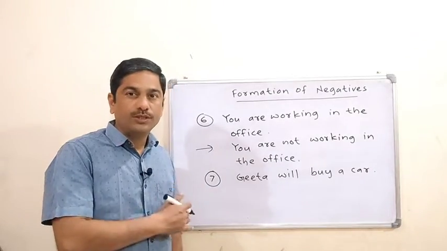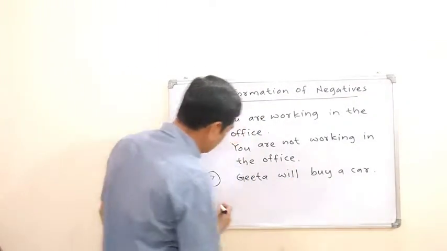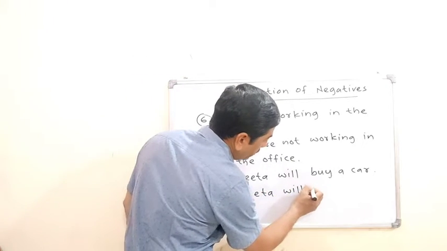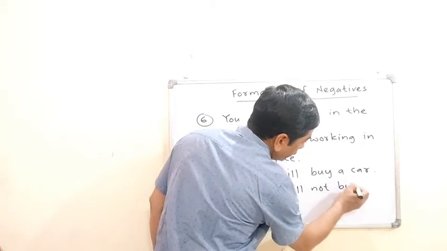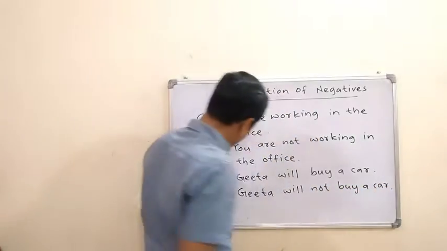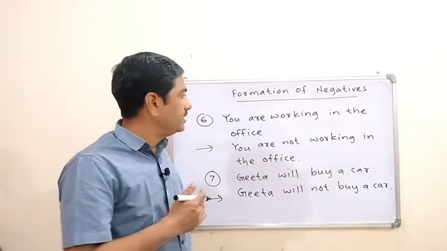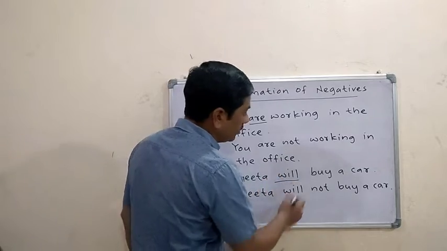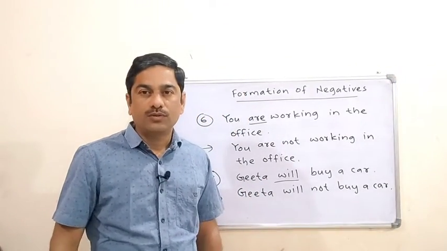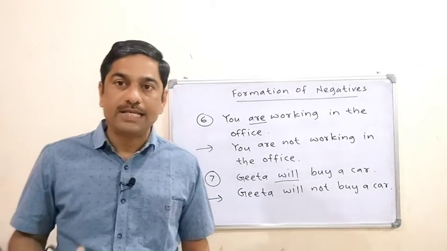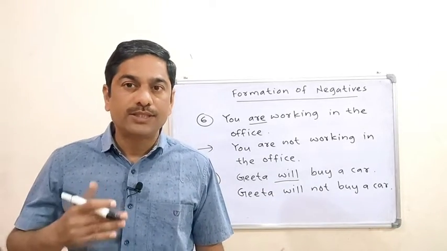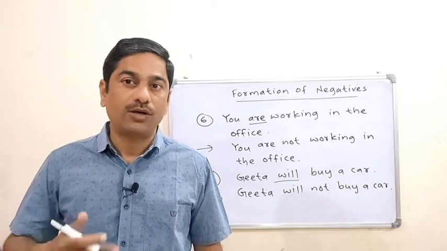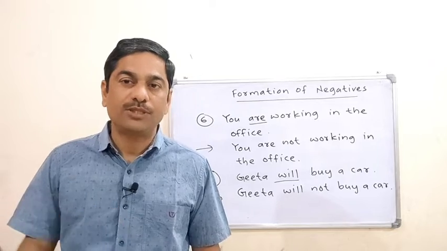So if you want to change it into negative, you will add not after will. Geeta will not buy a car. So in all these sentences, there is a special verb or auxiliary verb as are or will or can or is. So if an auxiliary verb is there in the affirmative sentence, you will just add not to change that sentence into a negative sentence. So you will add not after the auxiliary verb or after the special verb.